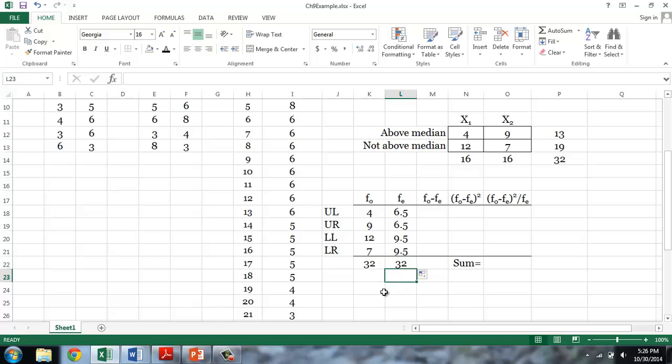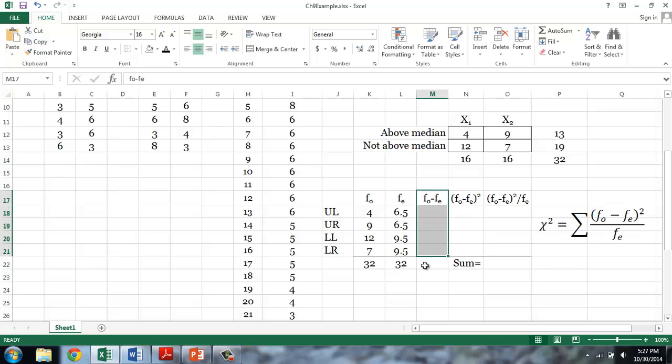The expected frequency tells us how many observations we should see in each cell, given that we have a sample size of n and the marginal totals. So now we have our two variables, and we can calculate our chi-square. Here's our chi-square formula. The first thing we want to do is to determine the difference between the expected frequency and our observed frequencies.